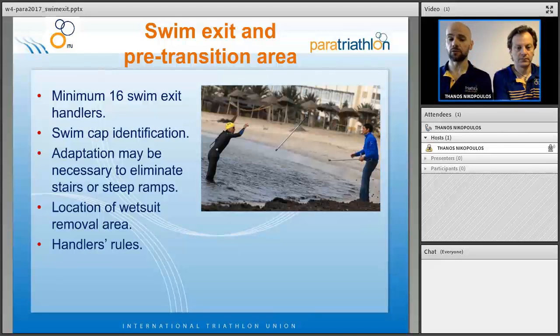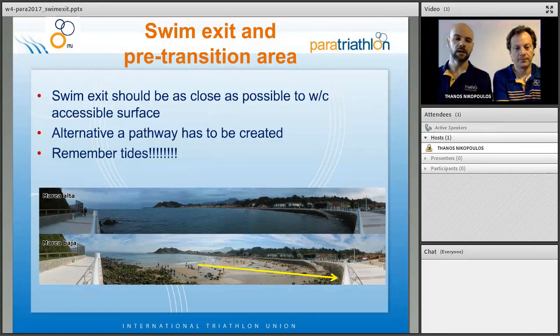There are specific rules around the handlers and who is allowed and who is not in the pre-transition area. Again, as explained before, the actual location of the pre-transition is quite important.